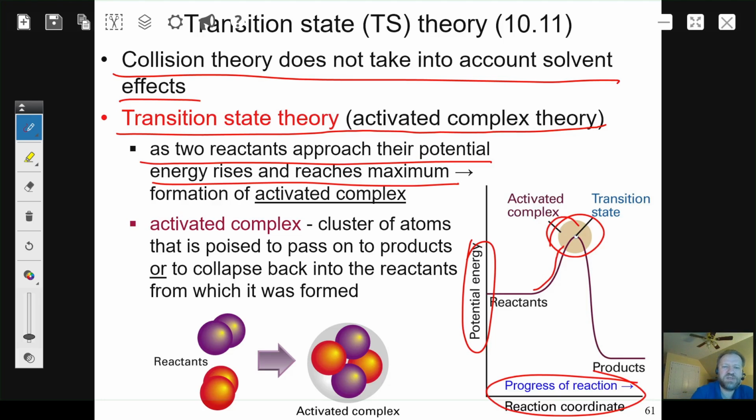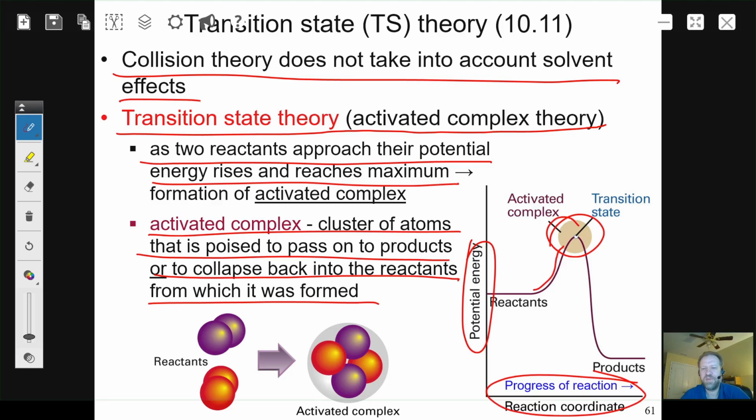An activated complex is basically a cluster of atoms that is poised to pass on to products or to collapse back into the reactants from which it was formed. So basically, it also depends on the amount of energy that is accumulated in the activated complex. For it is basically given two choices.